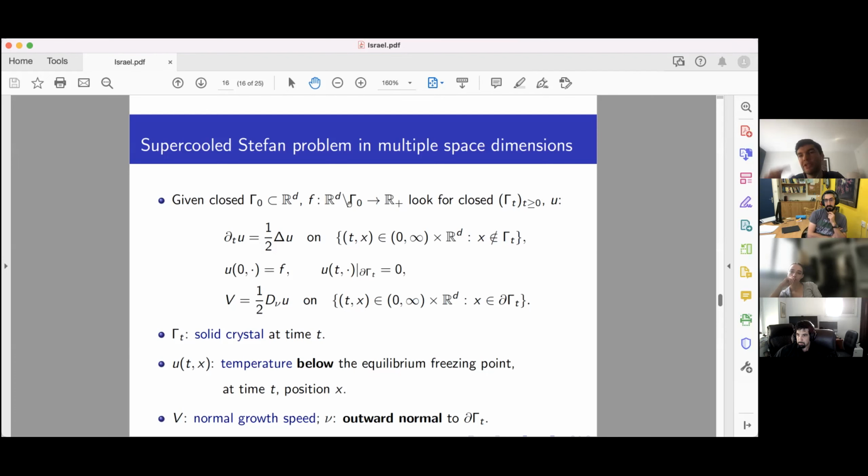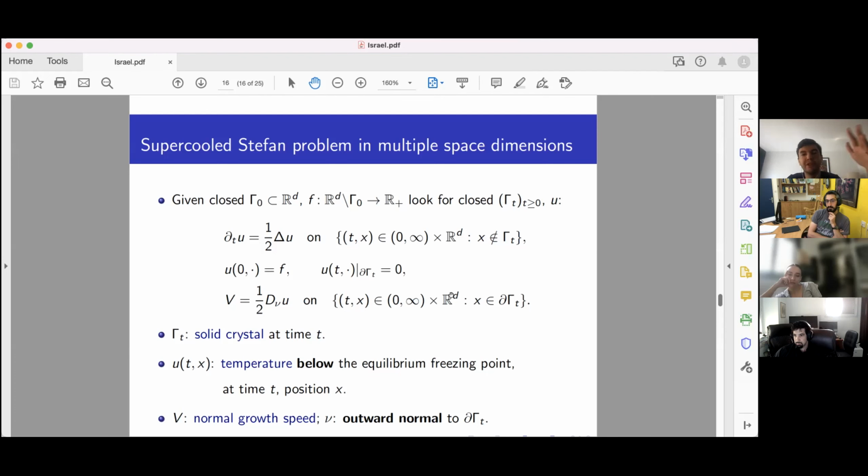The second component of the initial condition is a temperature distribution outside of that set. That's the temperature distribution in the water, which we call F as before. And here the solution is now more complicated. In high dimensions, we're looking for a set-valued process Γ_t, describing how the ice will grow over time, and a function of time and space u, which describes how the temperature will evolve.